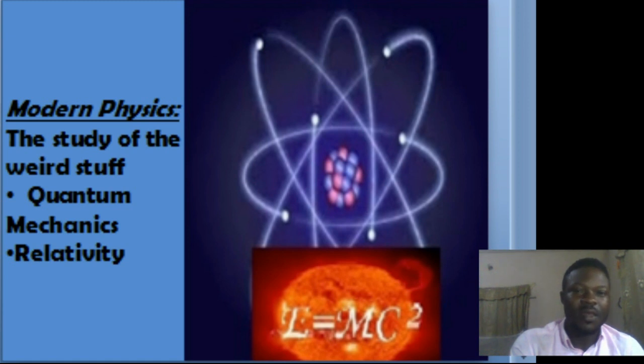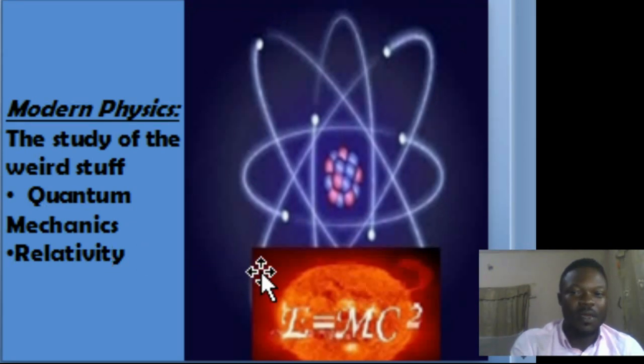Now, the last aspect of physics is called modern physics. Modern physics, as I said earlier, occurred in the 1900s and above to this present moment. This was caused by Max Planck when he brought about his quantum mechanics theory, and relativity by Albert Einstein.